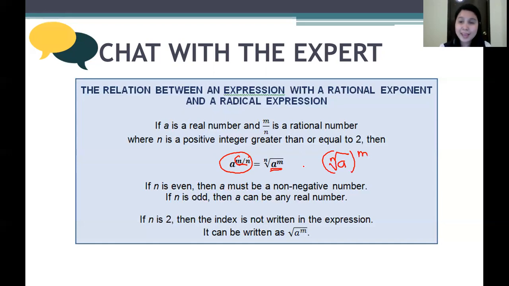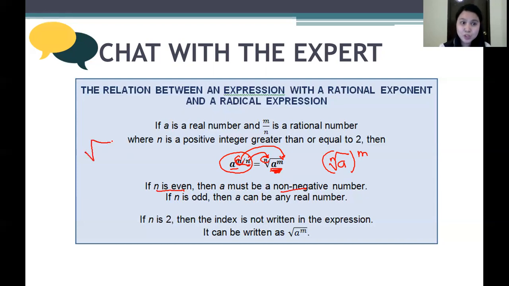Any will do. The numerator stays as the exponent with the radicand, while the denominator becomes the index. But if n is even, if our index is even, then a, our radicand, should be a non-negative number, or else it becomes imaginary.